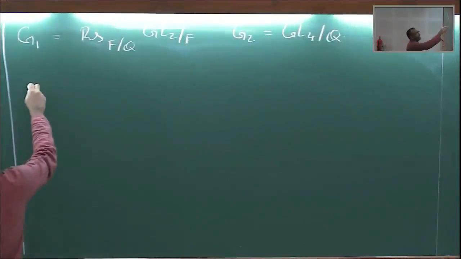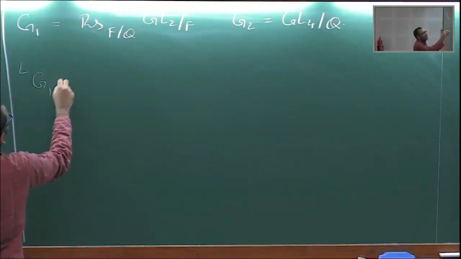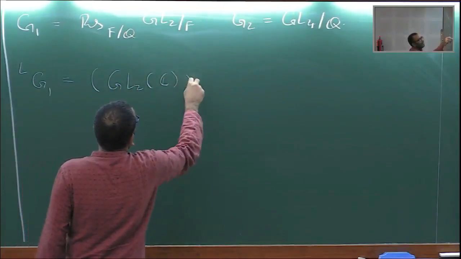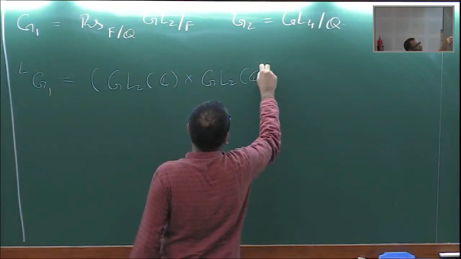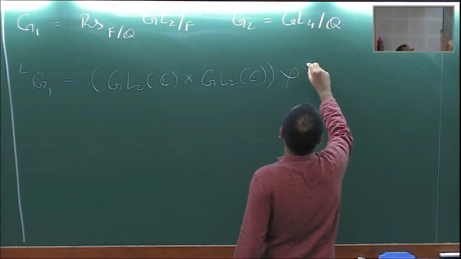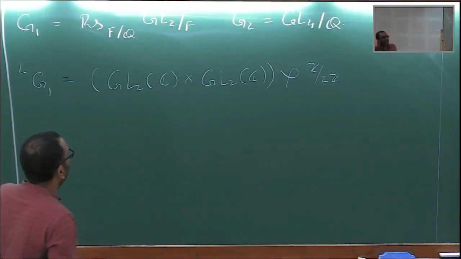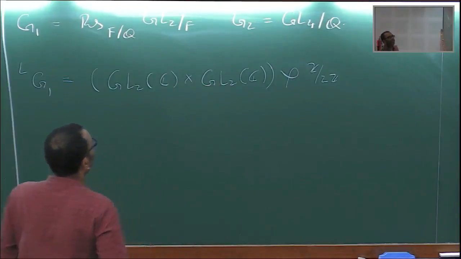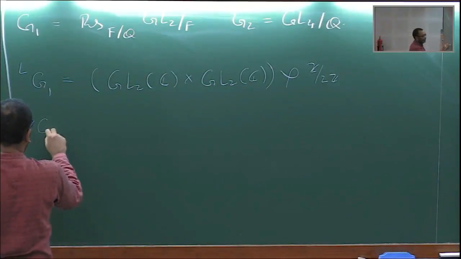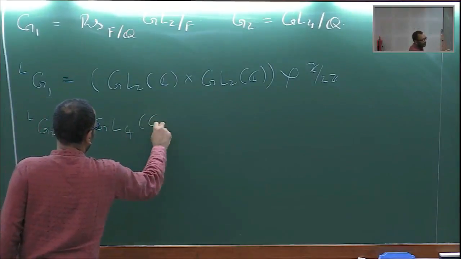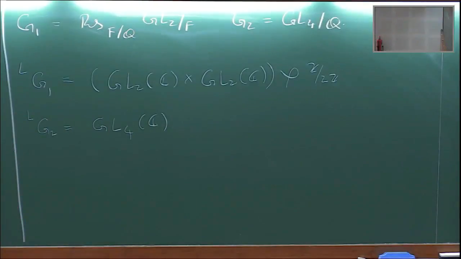Now the Langlands dual for G1 you can write as GL2(C) cross GL2(C), semi-direct product Z mod 2Z, where Z mod 2Z is the Galois group of F over Q, and the non-trivial element acts by permuting these two factors. And the Langlands dual for GL4 is just GL4 over C. We want to give a map at the level of these L-groups.